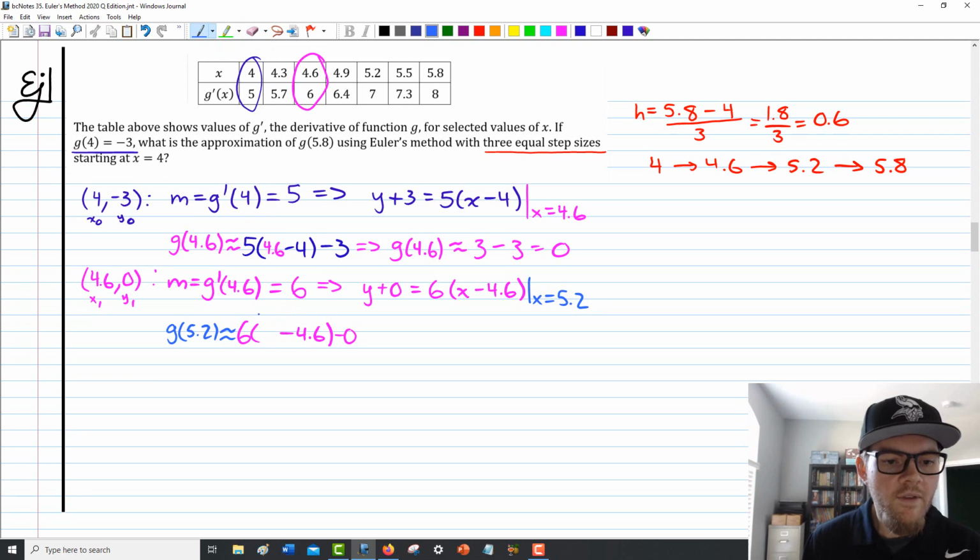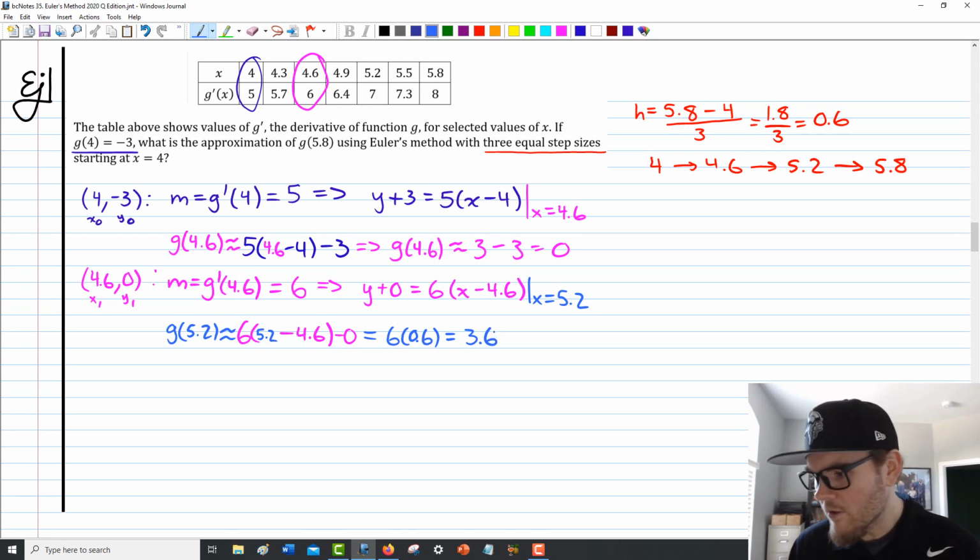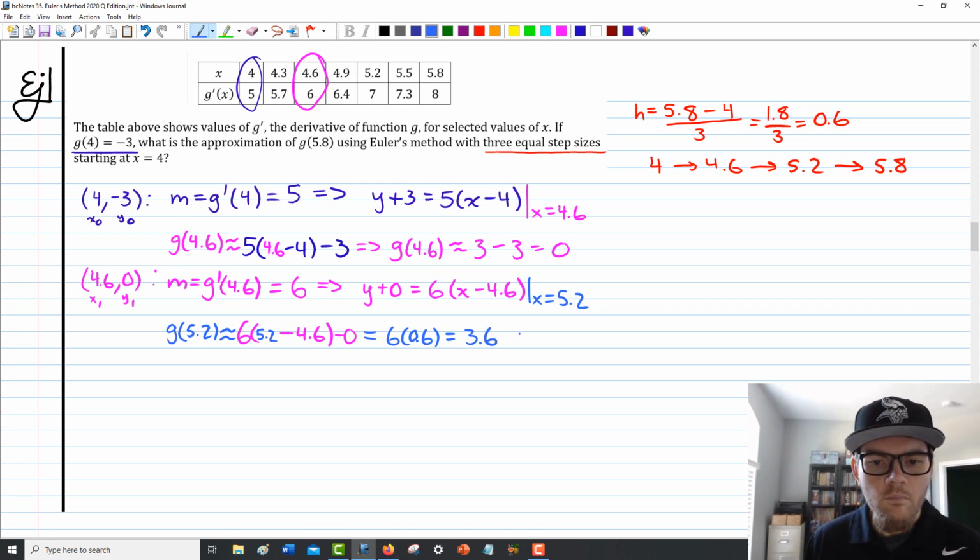But we want specifically the value at 5.2. So I'll plug that in. When I do, I'm going to get that this is equal to 6 times 0.6, which is equal to 3.6. Memory serves, let me make sure. Yes, it does. So what that does is it now gives us our new y value. So having done so, we can now say that our point is 5.2, 3.6.